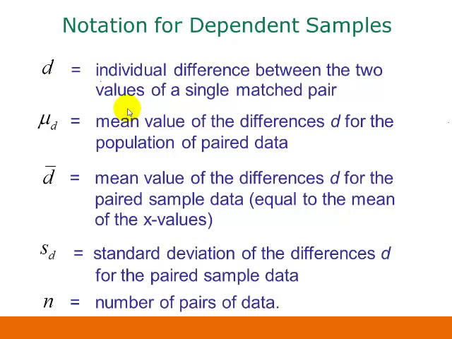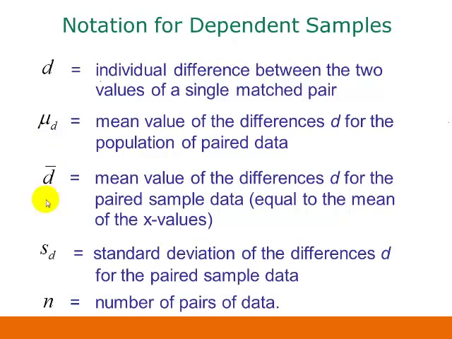So we take one minus the other, and that's our individual difference. Mu sub D is the mean value of the differences D for the population of paired data. In other words, if we could look at all the possible pairs and find the difference for each one, and then find the mean for those differences, that would be our mu sub D.